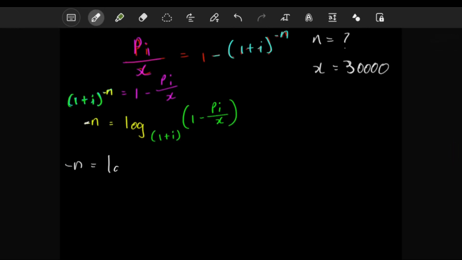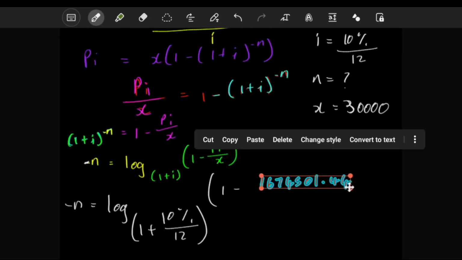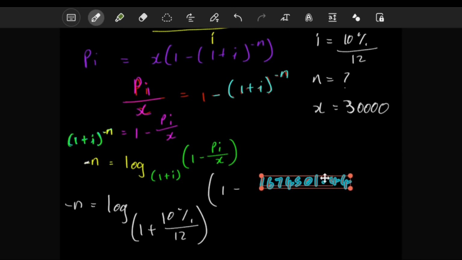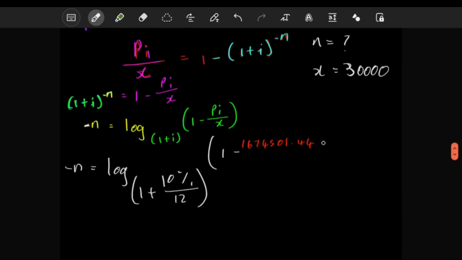So negative N is equal to log base 1 plus 10% over 12, and then here, 1 minus, might as well paste again. The benefits of no pen and paper: you can just copy and paste.